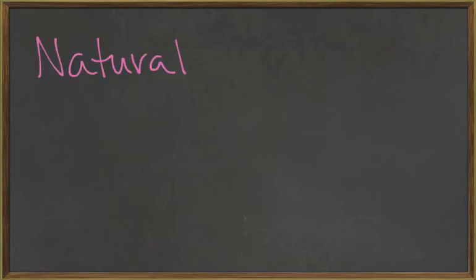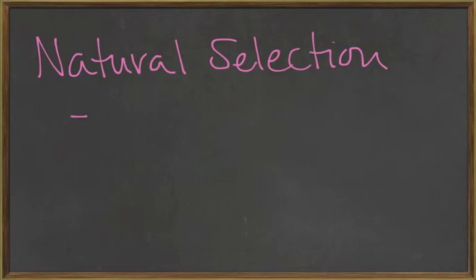Last one, natural selection. This one has several different parts to it. Natural selection, you could probably already tell me the big differences between natural and artificial. Artificial, we control it. Natural, nature controls it.